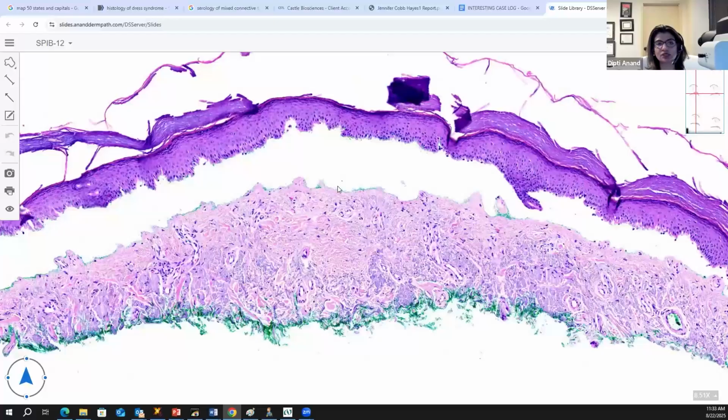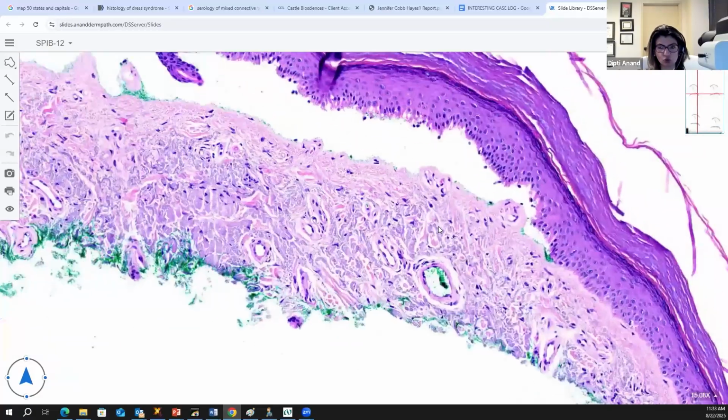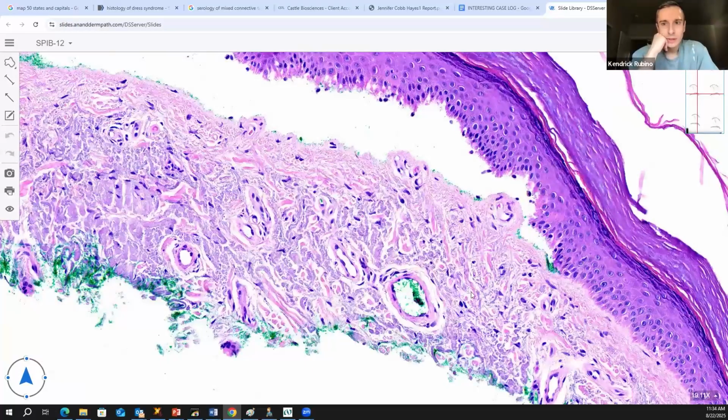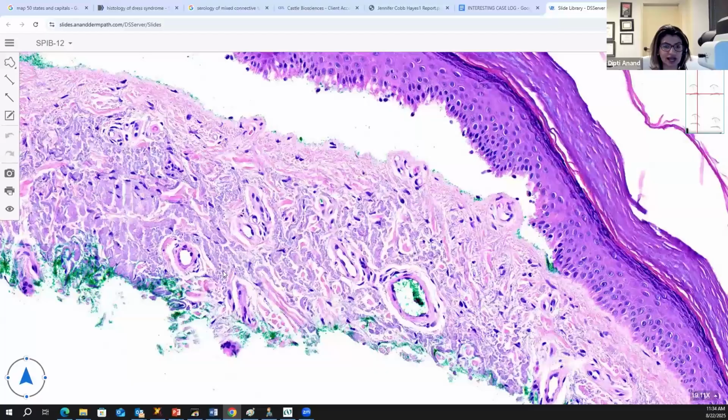And yes, anything could be the answer. You'll have to look at what they are trying to ask you. Now, if they do not give you any second order question and they expect you to diagnose this, then you want to look at this and you want to look at the vessel. So what do you think the diagnosis here is? Maybe PCT. Yes, because you see perivascular hyalinized vessels in the blister base.